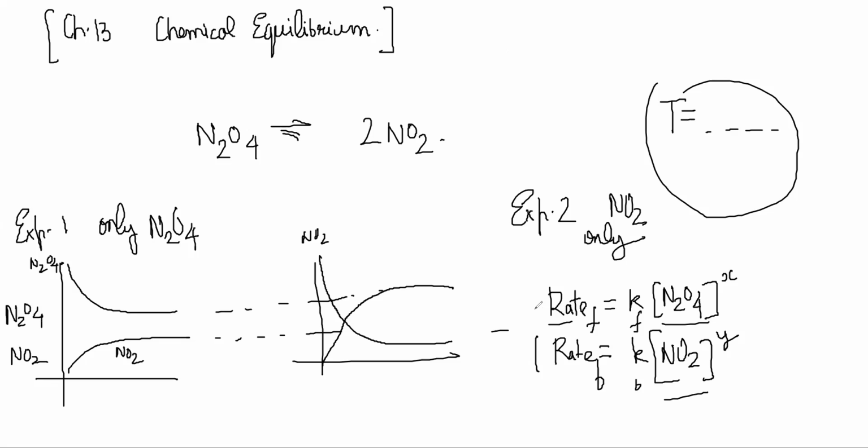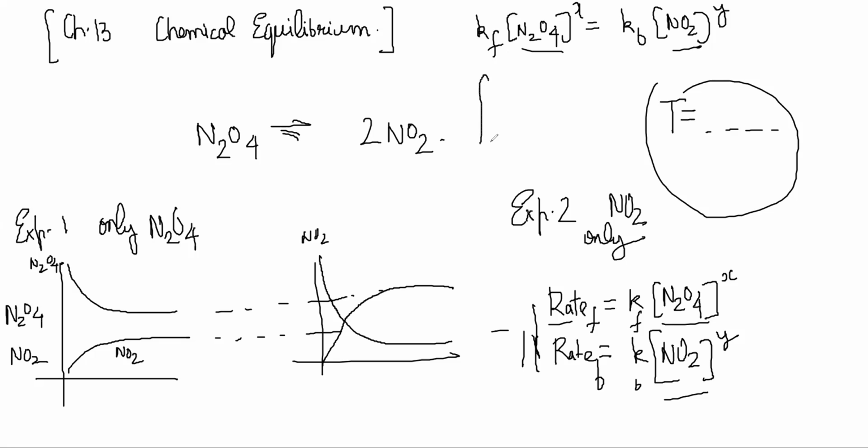Since at equilibrium rate forward is equal to rate backward, you will always have the relation Kf N2O4 to the power X is equal to Kb NO2 to the power Y, right? So N2O4 by NO2, the ratio, hopefully they are both first order reactions. If they are both first order or both second order, then we can cancel the powers, right?